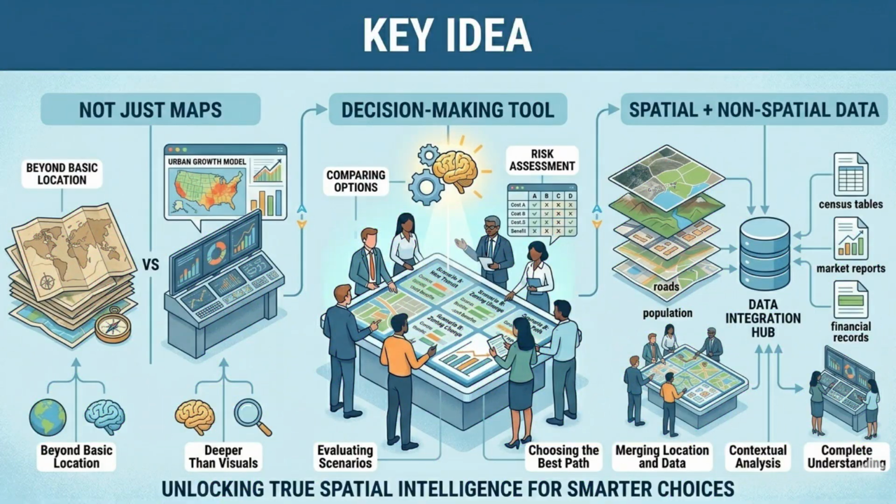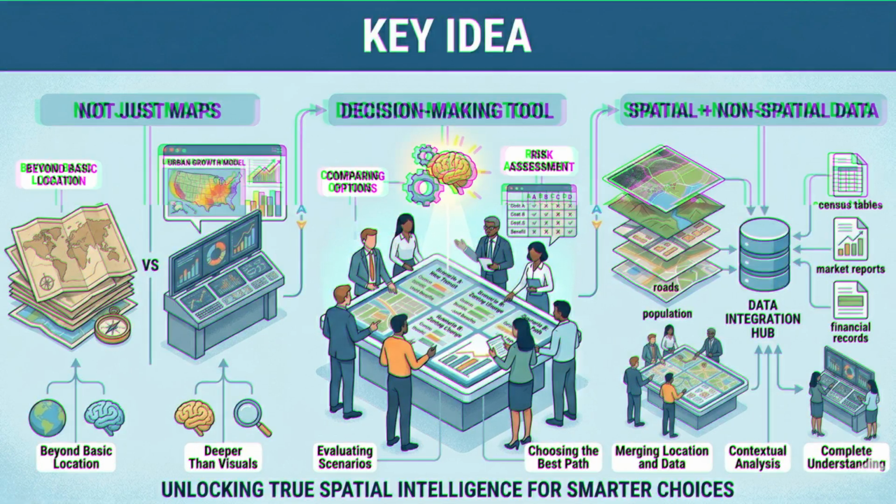Key idea. So, when we combine all these definitions, one thing becomes very clear. GIS is not just about creating maps. It is a complete system that helps us understand spatial data more deeply and supports better decision making.